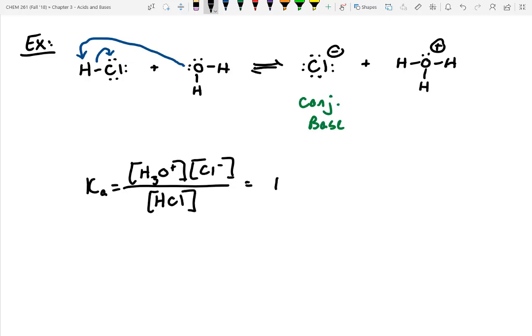And if you plug this in and look it up, it's going to be a Ka of about 100 million, so pretty big number. All right, now let's take a look at a different example. This example, we're going to look at something pretty similar, so acid-base reaction. Yep. So Ka is unitless because it's a ratio. Yeah, that's a good question.